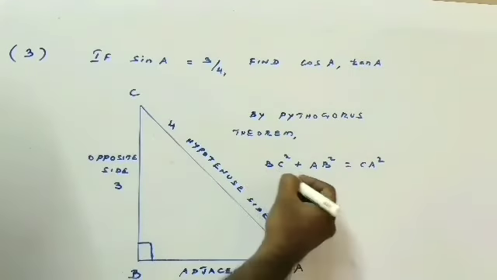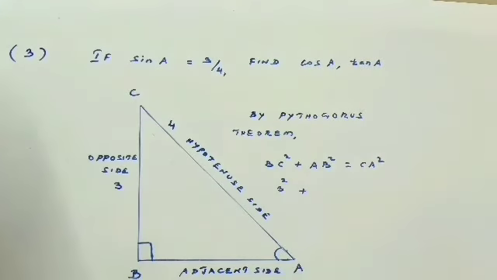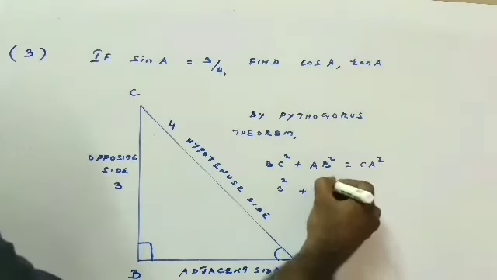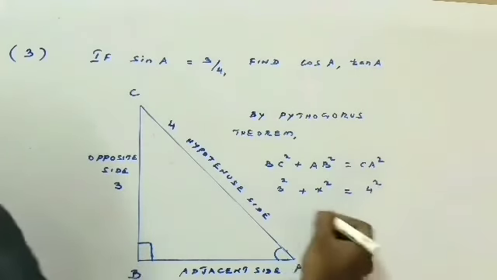Now for BC put 3 square, plus AB that is x square, equals CA that is 4 square.